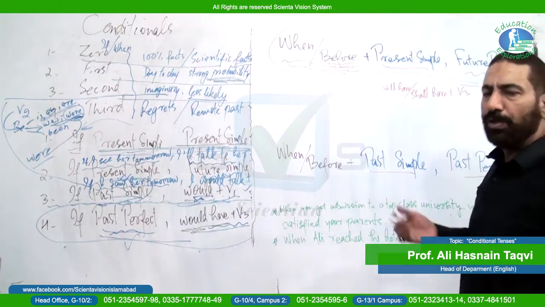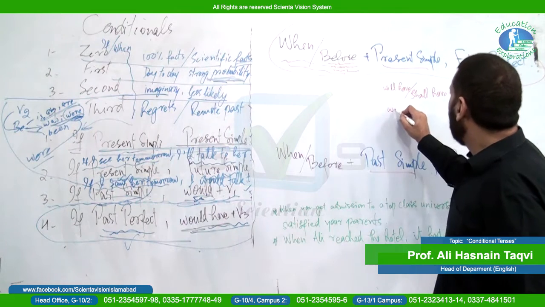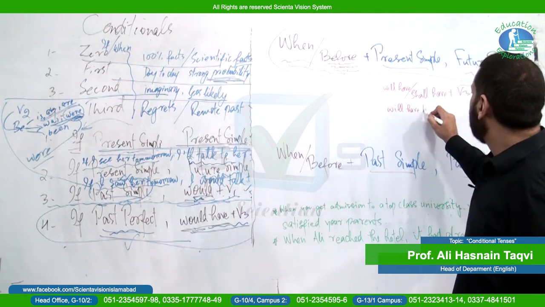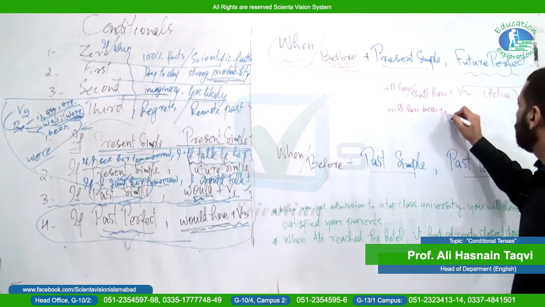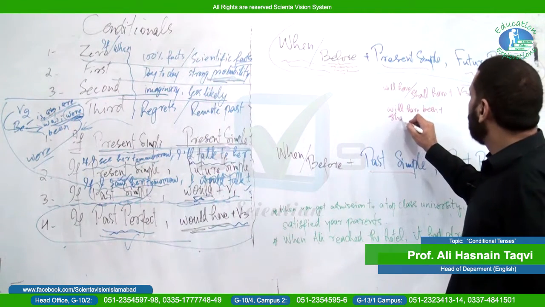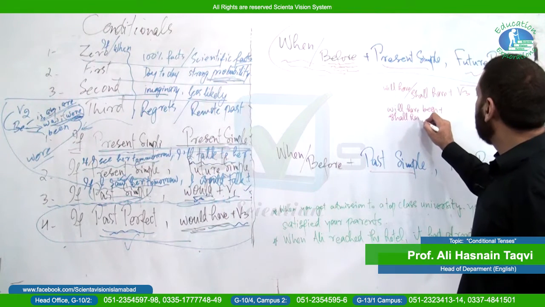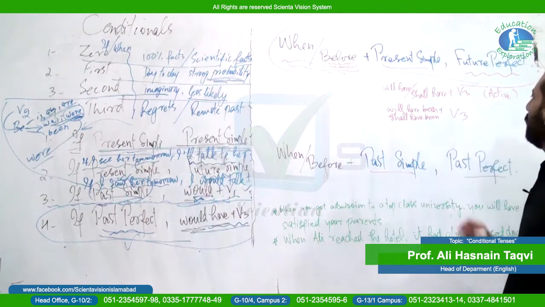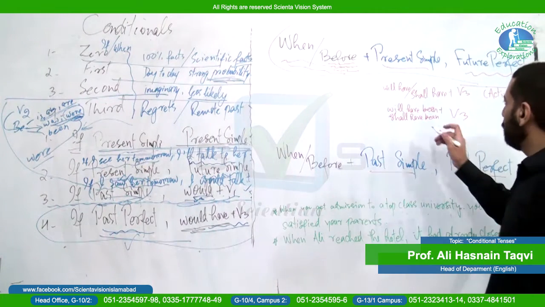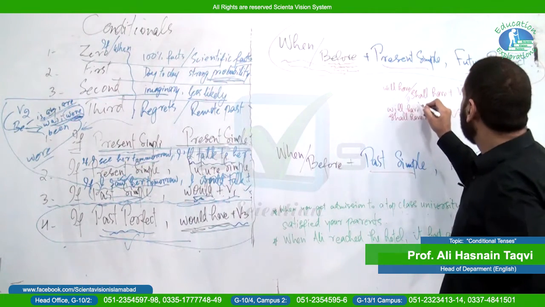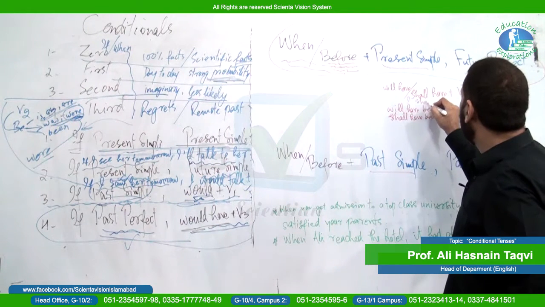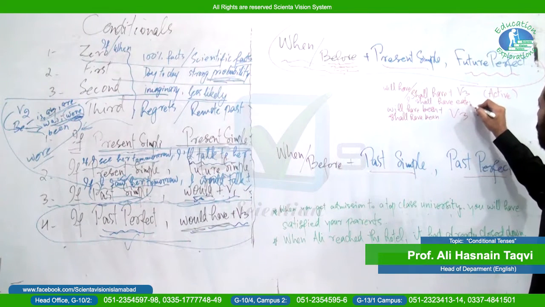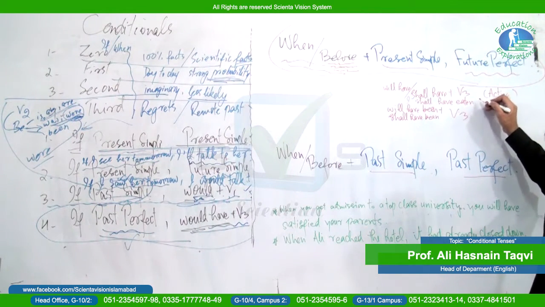And if you need to go into passive, will have been plus V3, or shall have been plus V3. Like we retain our same sentence: I shall have eaten the apple.